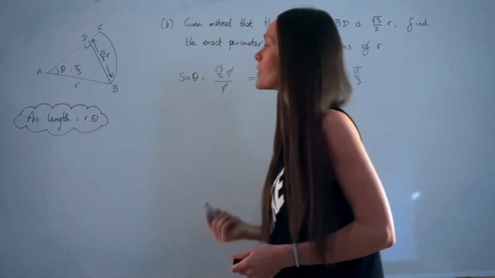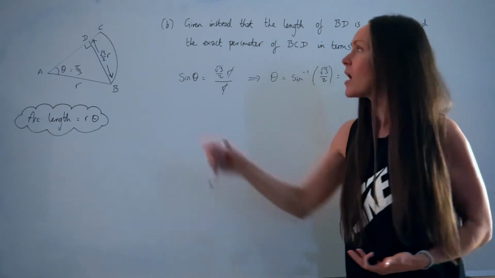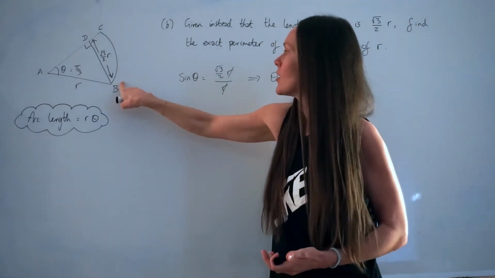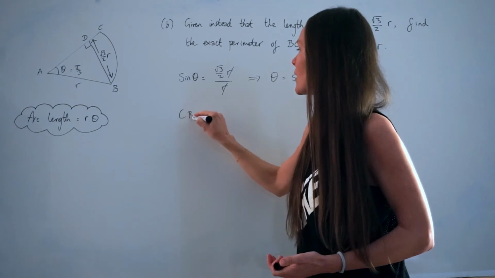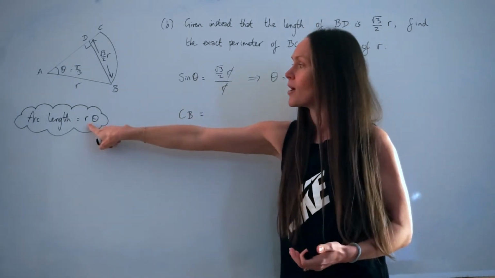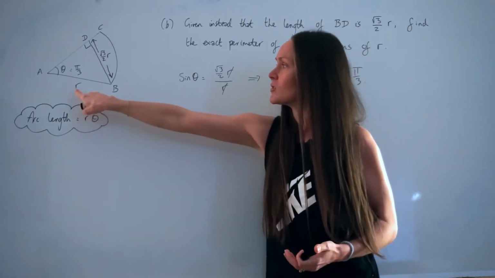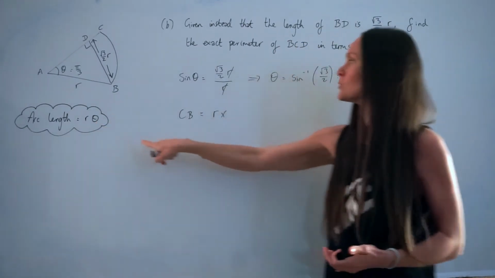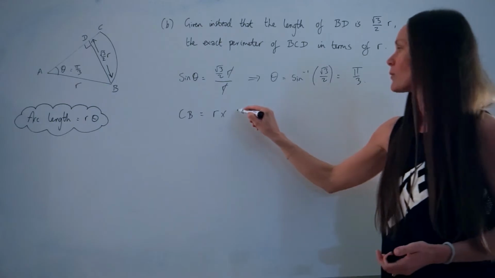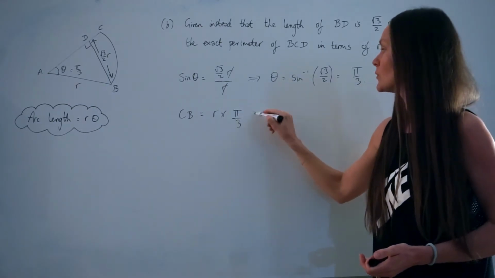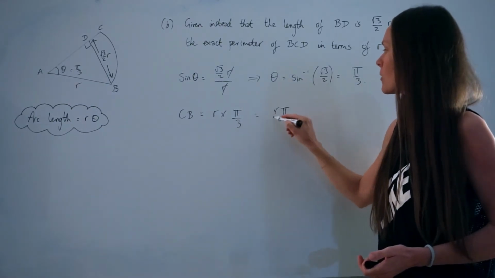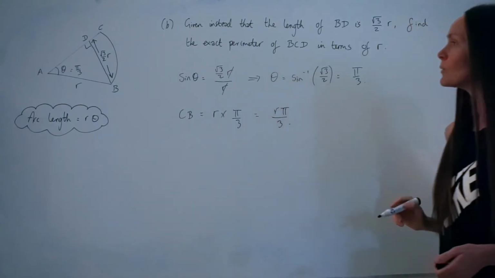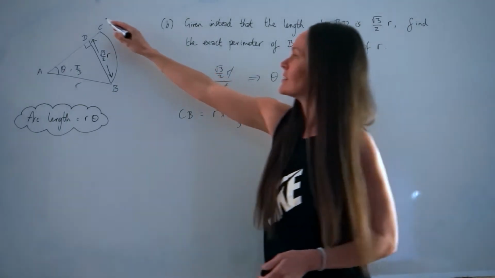Okay, so now that we've got the angle theta, we can work out the arc length, CB, okay? If I work out the arc length, I'm using that formula from earlier, the radius, which is just r in this question, multiplied by the angle theta, which we just worked out here, pi over 3. So if you just want to simplify it, it's just r pi over 3, okay? So we've worked out the arc length, CB.